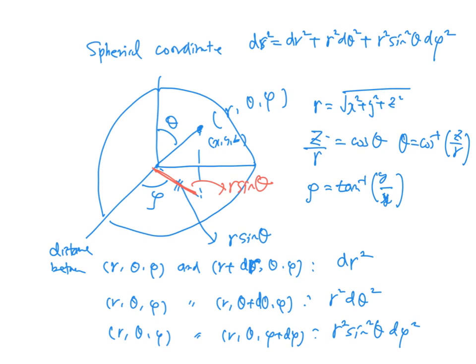The question is, how do we represent gradient, curl, and divergence in this coordinate? So we'd like to cover a more generalized coordinate.